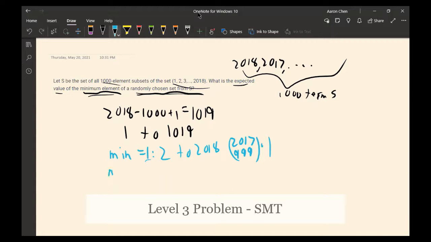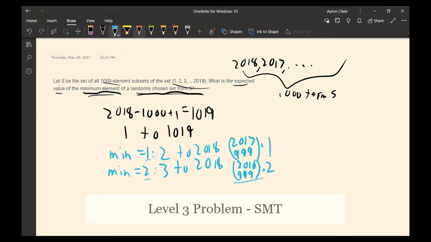And so next, when the minimum is equal to 2, then the numbers can be anything from 3 to 2018. And so similarly, the number of ways to do this is just 2016 choose 999. And the total contribution this adds to the expected value is this times 2, because the minimum value is equal to 2.